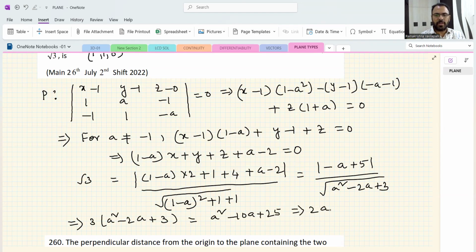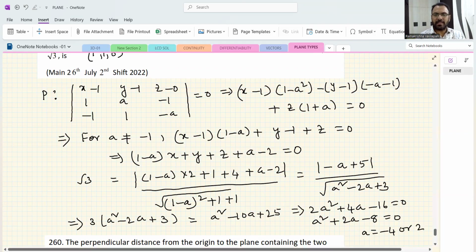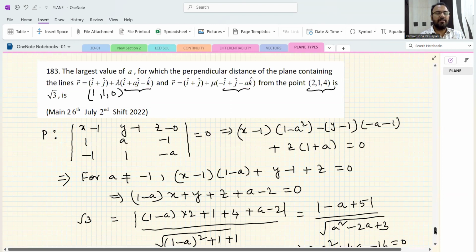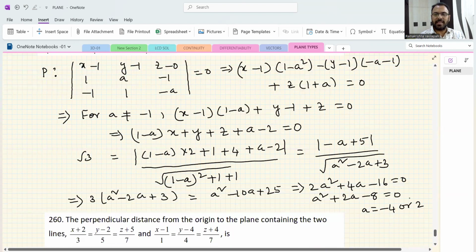Then you will get 2a square, it is minus 6a plus 10a, nothing but plus 4a, and this is 9 minus 25, nothing but minus 16 equal to 0. We got that a square plus 2a minus 8 equal to 0. You will get either a is equal to minus 4 or 2. So they are asking what is the largest value of a. The largest value of a is 2.